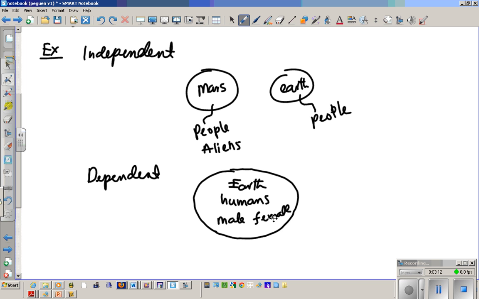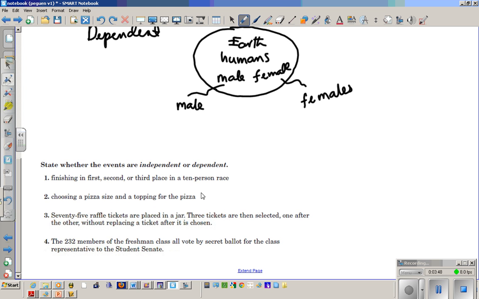So the males and the females on Earth are dependent because they both affect the humans on Earth. When you take one male from the Earth, the number of humans goes down. When you take one female from the Earth, the number of humans goes down. So selecting males and females actually affects the number of humans on the Earth. So that's dependent.